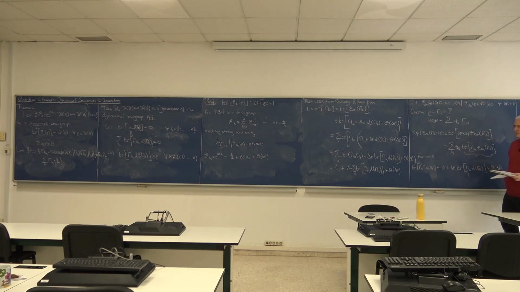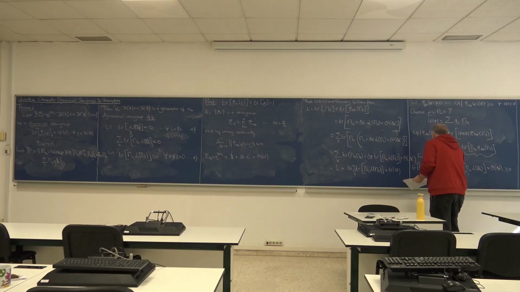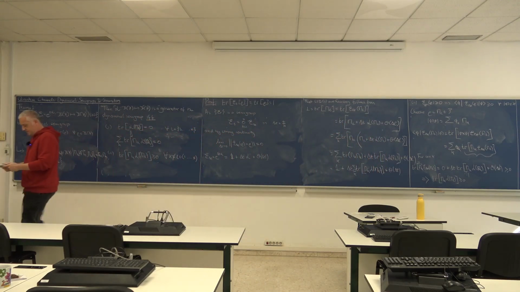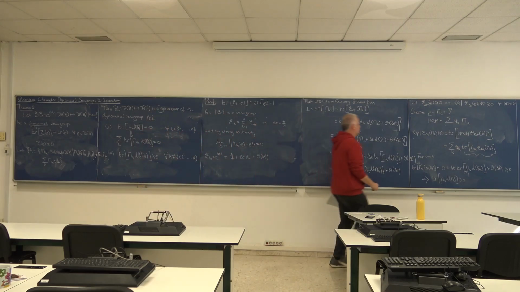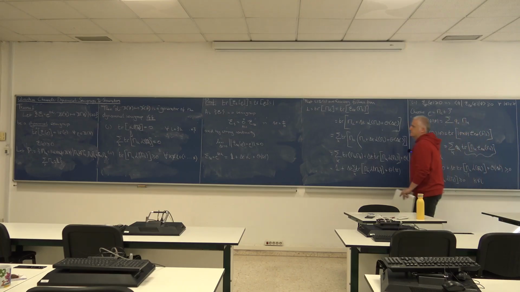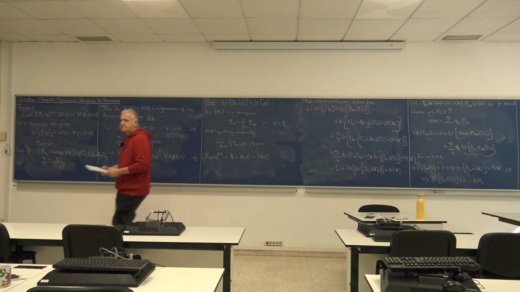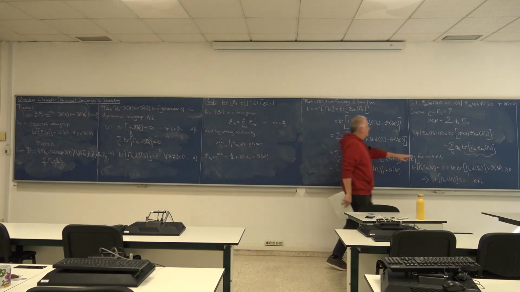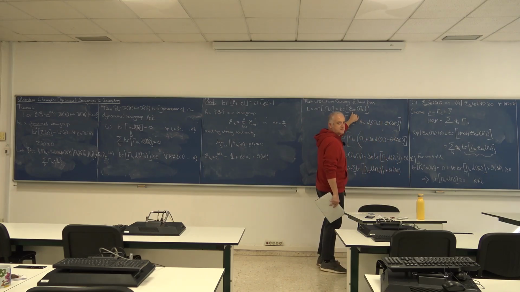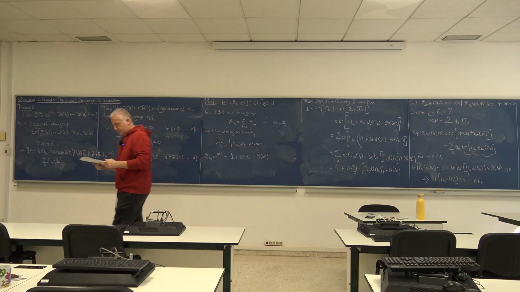And since I want it to be greater than 0, this implies that the trace is bigger than this. All good? So I choose a k to go from here to here. All I did is I did this substitution that we did here, right? Okay?